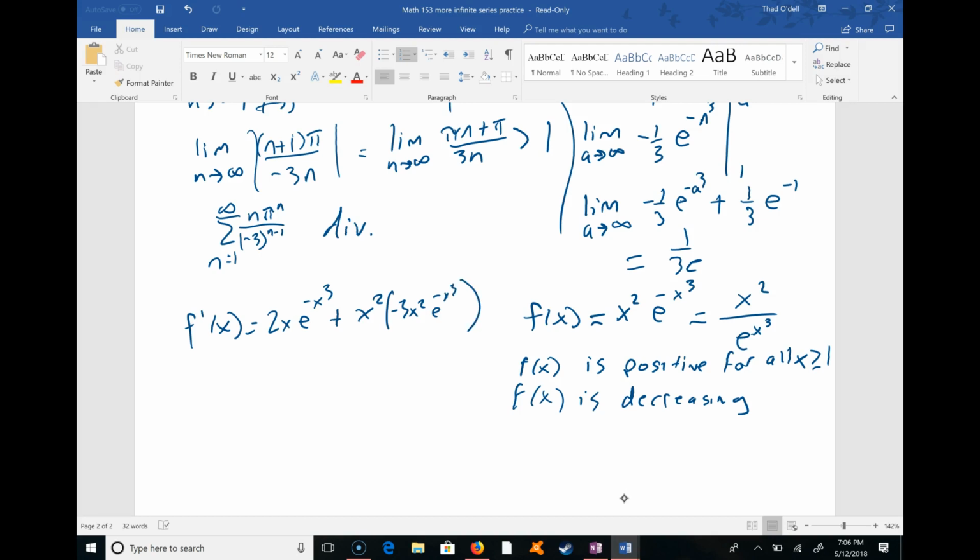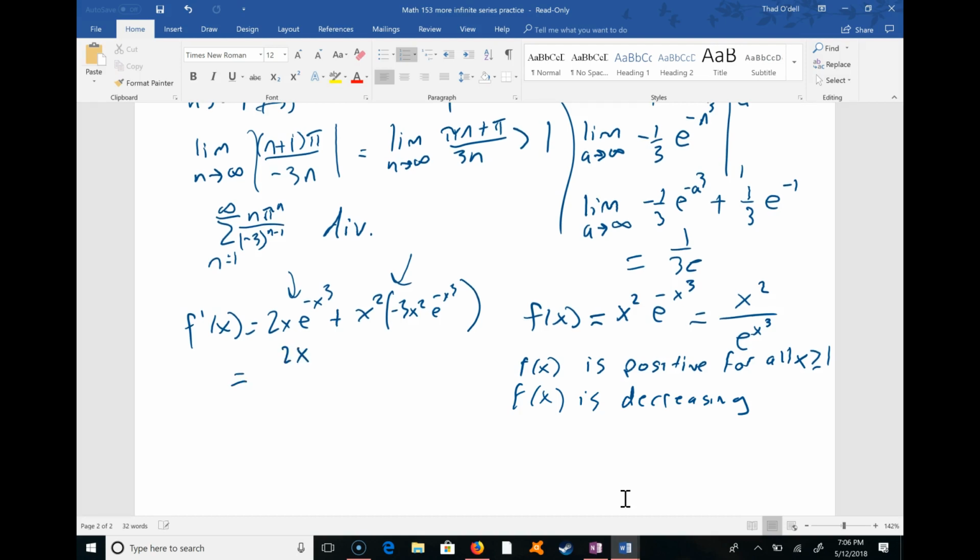Of course, that's going to produce a negative number. This will always be positive, this will always be negative, and this is bigger than that. Let's see if we can show that clearly.